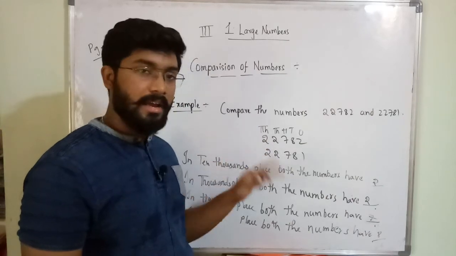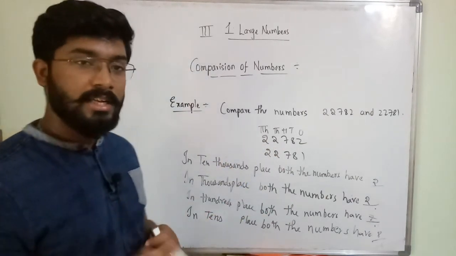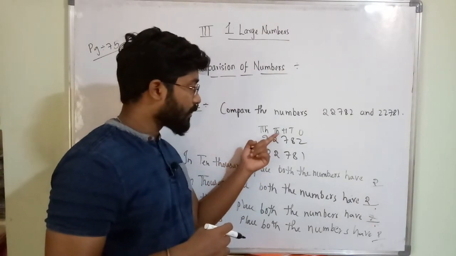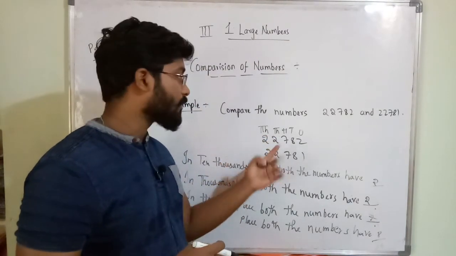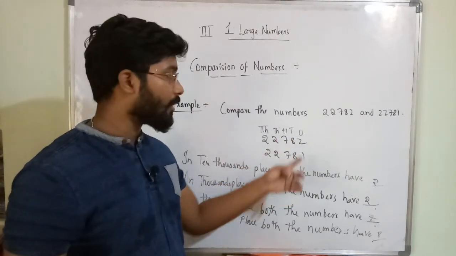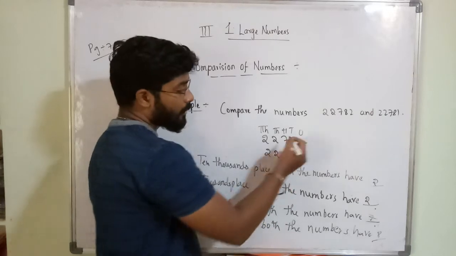Here in the 10,000s place both the numbers have 2. We can't say which one is greater or smaller because both digits are equal. In the thousands place 2 is equal, in the hundreds place 7 is equal, in the tens place 8 is equal. But in the ones place, here you have 2 and here you have 1.